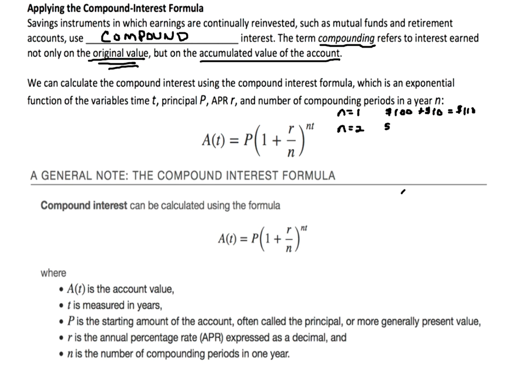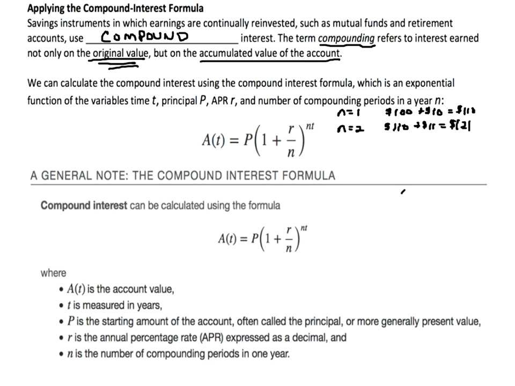The second month, I start with that $110. I take 10% of that, which is $11, and add it to it. So at the end of that month, I have $121. That's compounding interest.